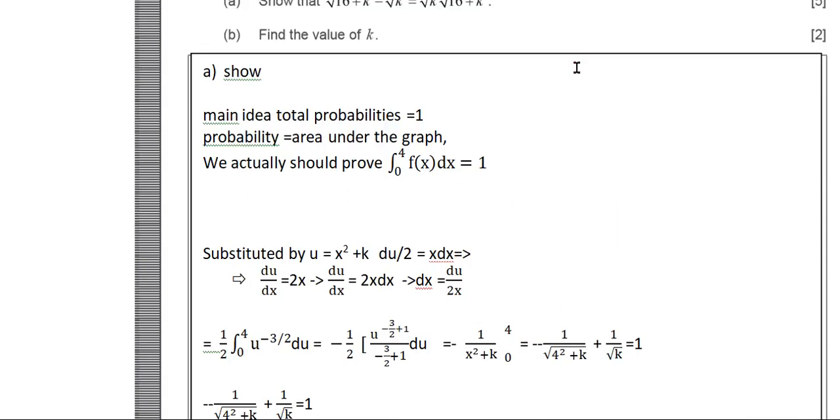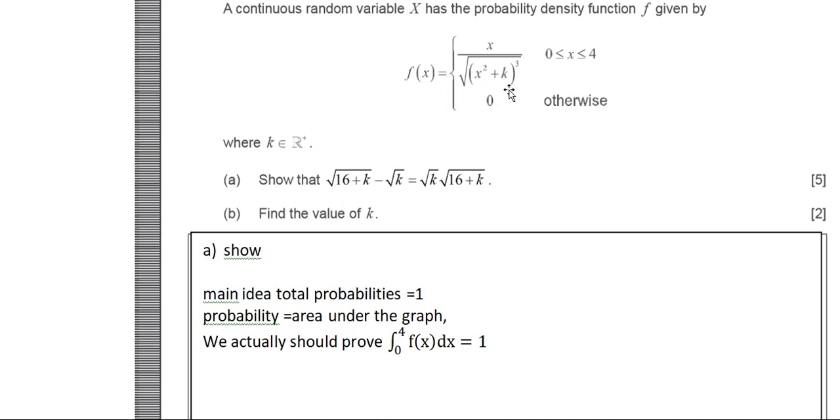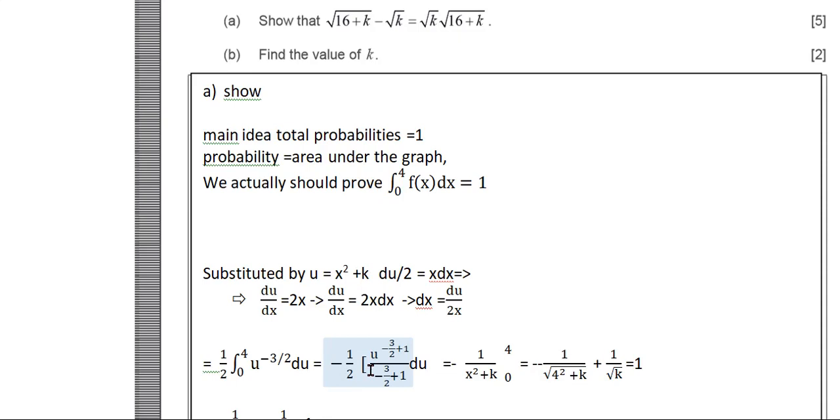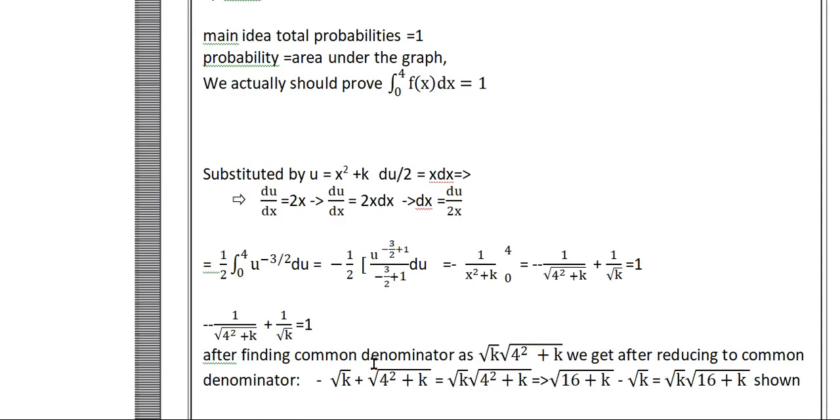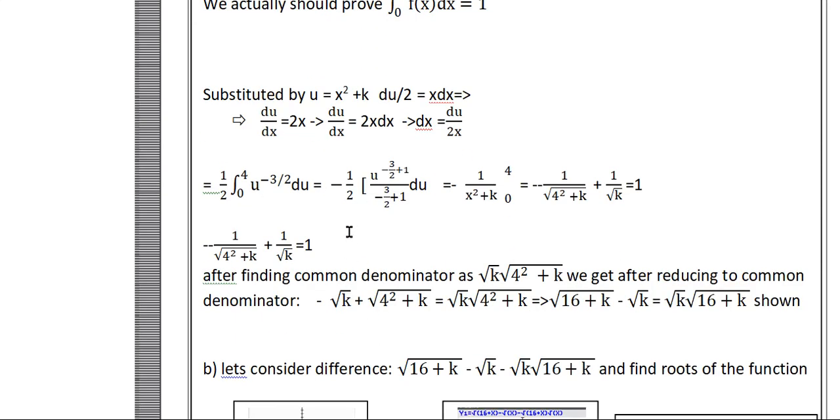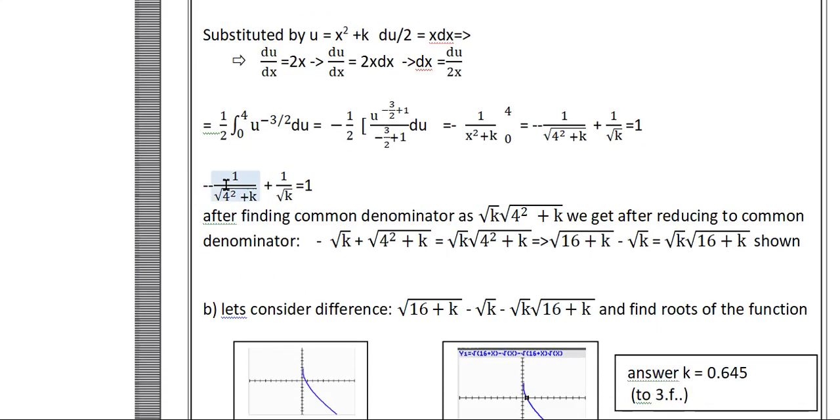Substitution is very obvious. We see an expression here, so we call it u, and after integration you will get this value. Then you find a common denominator, you multiply by the common denominator, and finally after rewriting you get this formula.